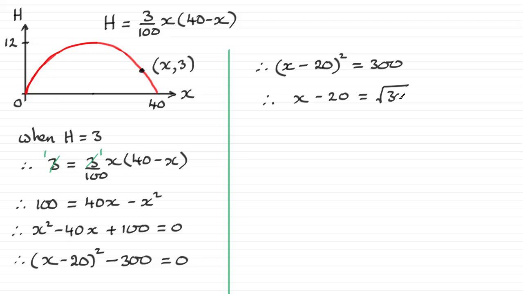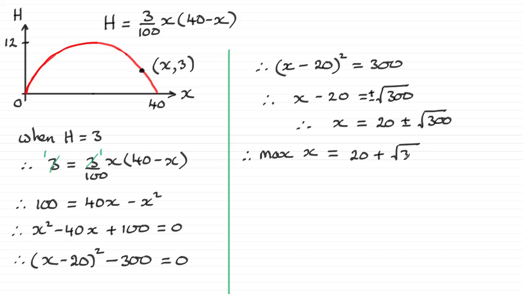Remember, it'd be plus or minus, so we'll put that in there, and then just add the 20 to both sides. So x equals 20 plus or minus the square root of 300. You'd arrive at this result if you use the quadratic formula. We want the maximum distance that x could be, so it's got to be the positive value there, 20 plus the root of 300.